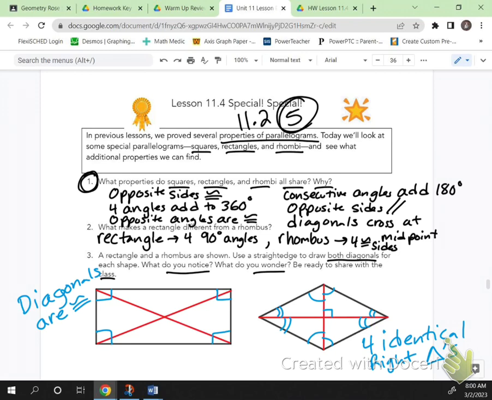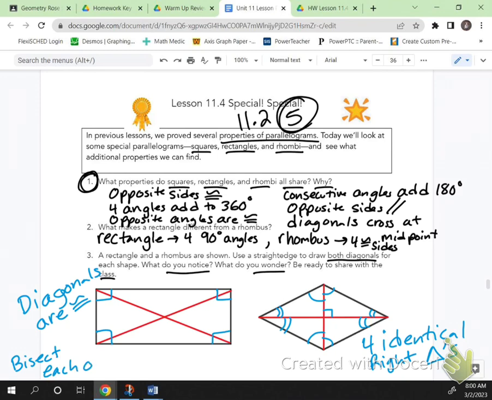In the rectangle, the diagonals are congruent. Because it's a parallelogram, what do we also know about diagonals? Parallelograms. These are very special parallelograms. What do we know about the diagonals? They cross at the midpoint. They bisect each other.